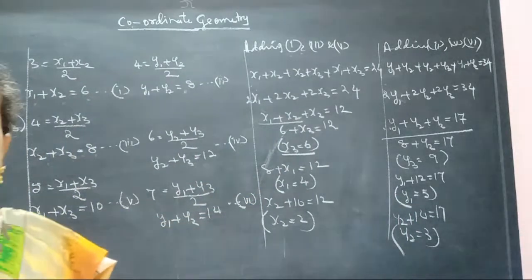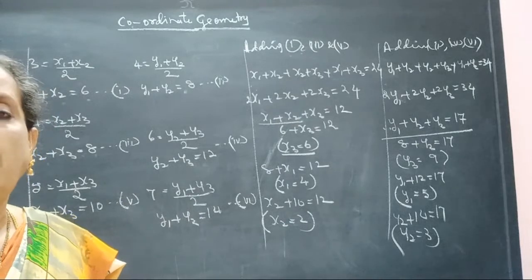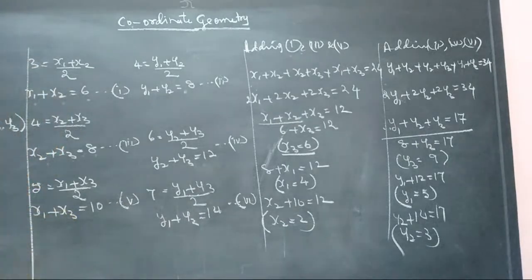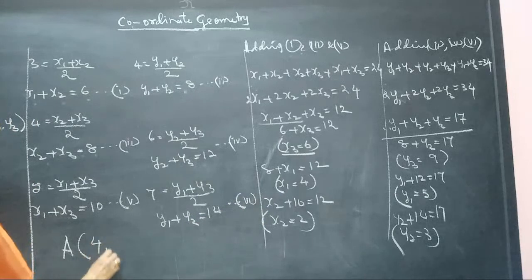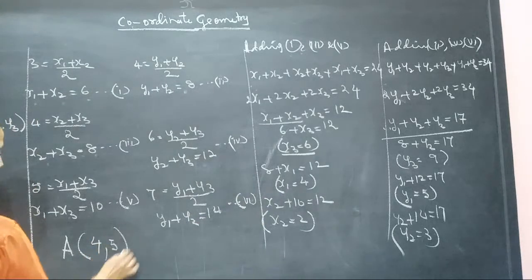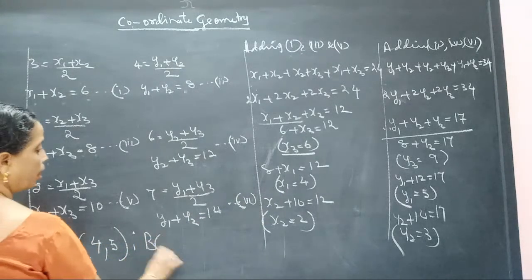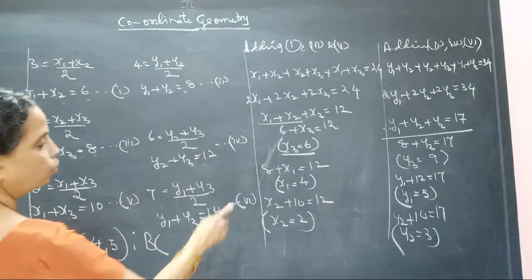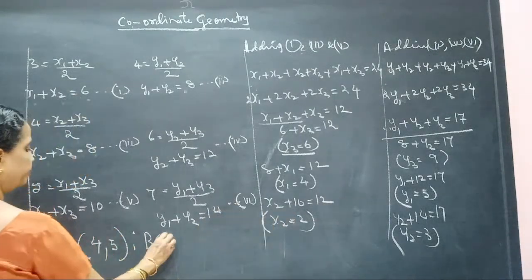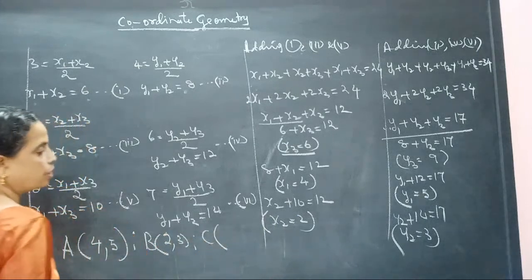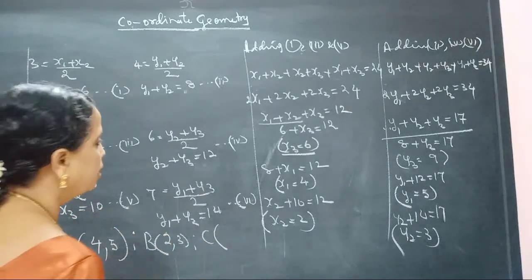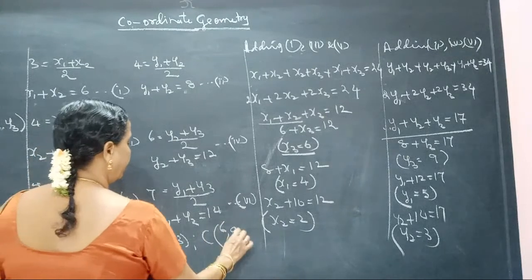At last, for the final answer, you write: therefore, the vertices of the triangle are A (x1, y1) equals (4, 5), B (x2, y2) equals (2, 3), and C (x3, y3) equals (6, 9).